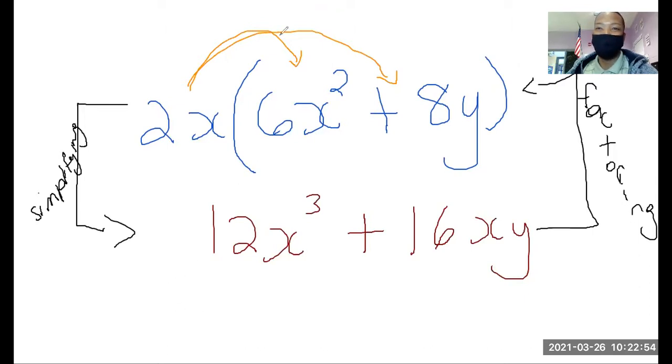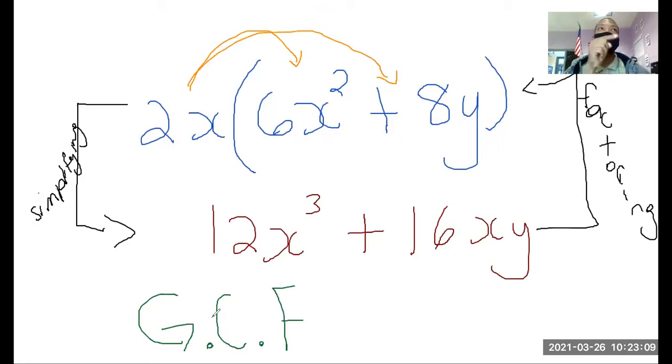Now, I talked about how we're going to be factoring using the greatest common factor. In this case, the greatest common factor is 2x, because 2x is in both of them. So our greatest common factor for this is 2x.